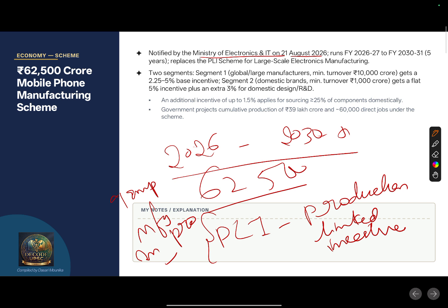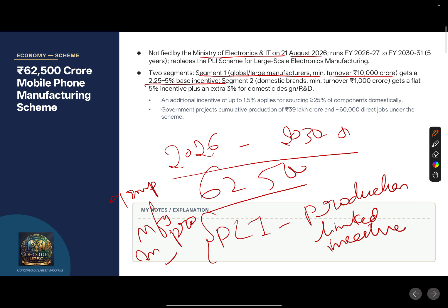The new scheme has two segments. Segment one is for global as well as local manufacturers with a minimum turnover of 10,000 crore. They get 2.25 to 5.5 percentage base incentive.